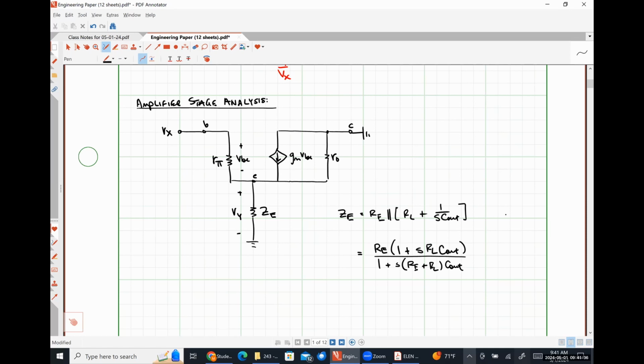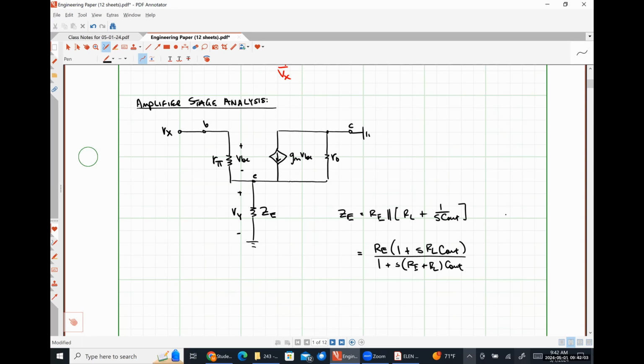Common collector amplifier is one of my favorite to analyze because the analysis with channel length modulation and without channel length modulation are effectively exactly the same, because the resistance R naught can be thought of as just in parallel with the resistance RE. So if we were to ignore that resistor R naught entirely, do all of our analysis with channel length modulation ignored, at the end, everywhere we have RE, we would put it in parallel with R naught, and we'd get the exact same result.